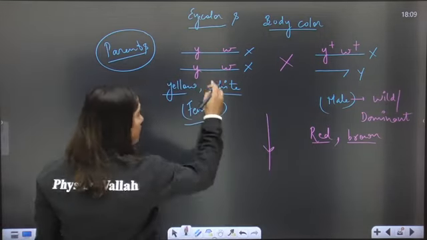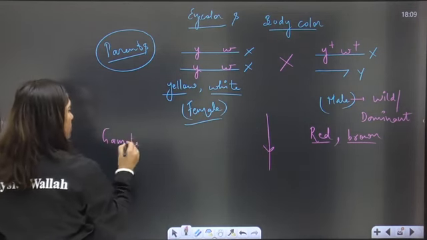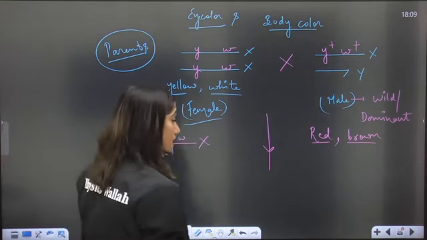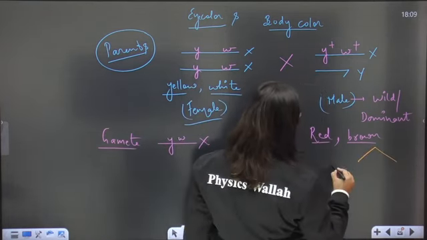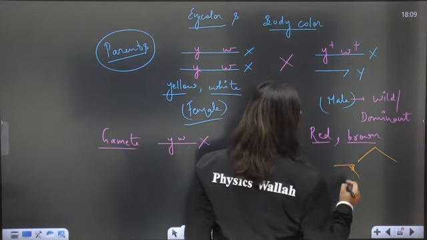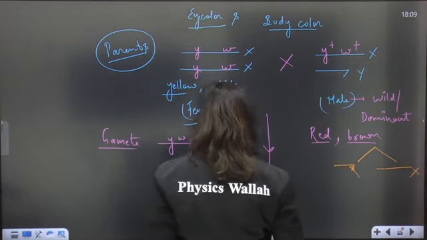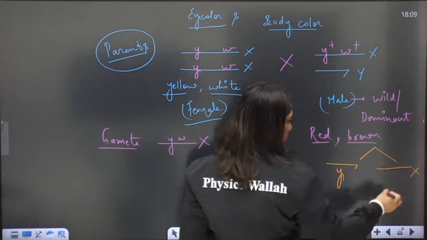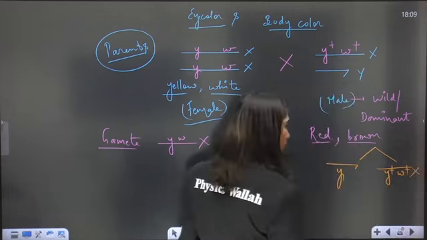Now, what kind of gametes can they form? The female can form only one type of gamete, and that is only this, small y w X. But the male can form two types of gametes. In one condition, the Y chromosome will go, and in the other, the X chromosome will go and it will have y plus, w plus.